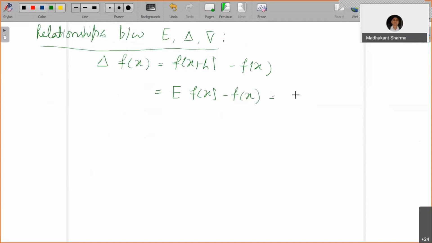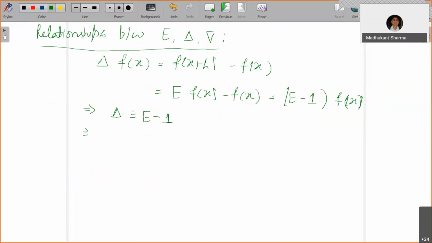So this is equal to (E minus 1) f of x. So this 1 is usually denoted as the identity operator in mathematics. And from here, delta is identically equal to E minus 1.